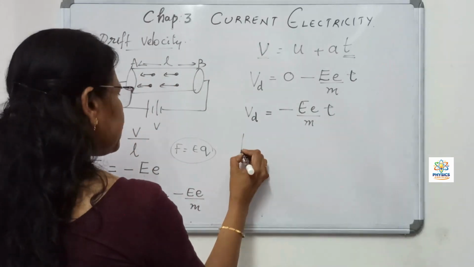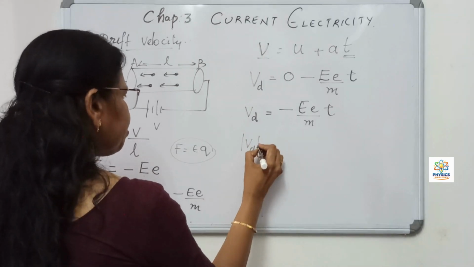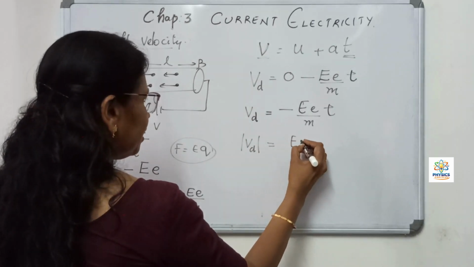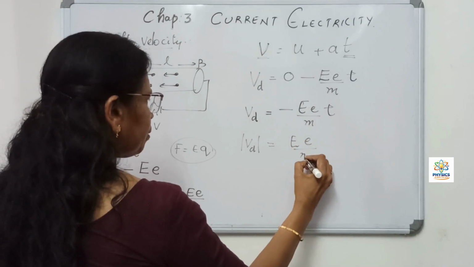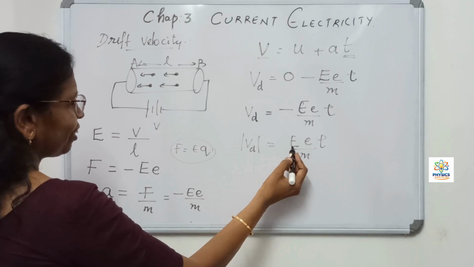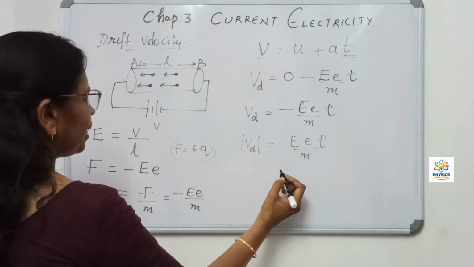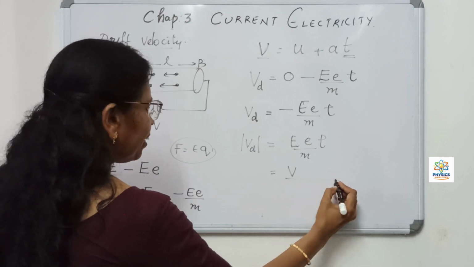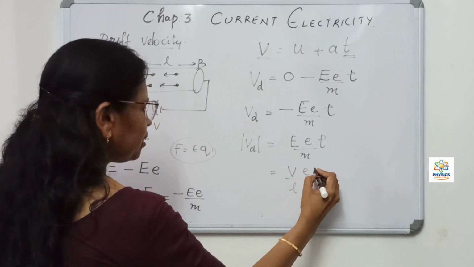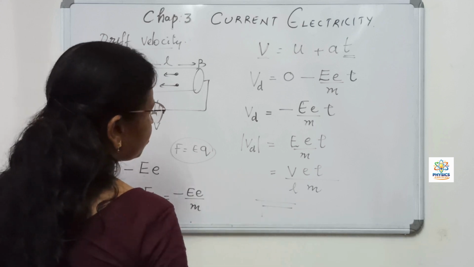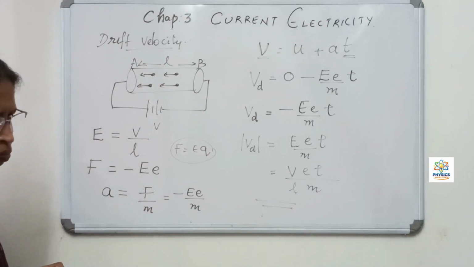If we only consider the magnitude of drift velocity, then we can write this equation as eE by m into tau. And we can apply the value of electric field. We will get the relation as Vd is equal to eV tau by mL. This is the equation of drift velocity.